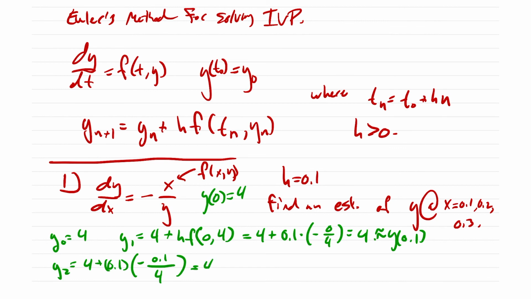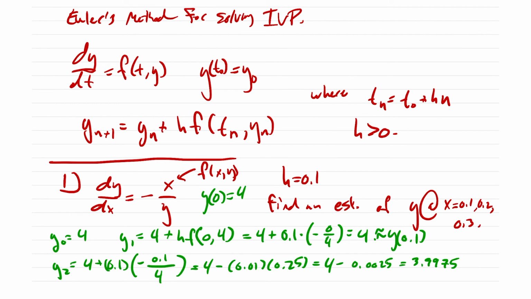So it's going to be 4 plus, or say minus, 0.01 times 0.25. And so this is going to be 4 minus 0.0025, which is going to be 3.9975, I think.